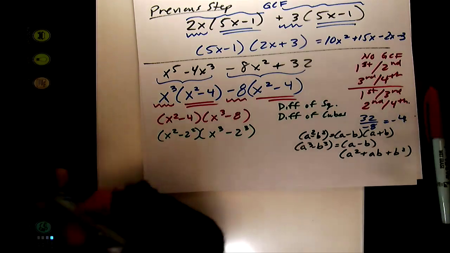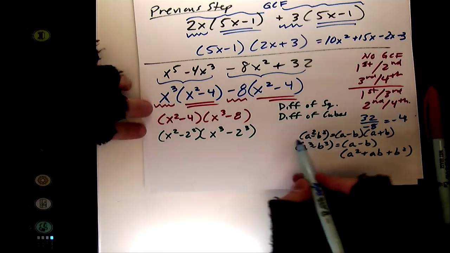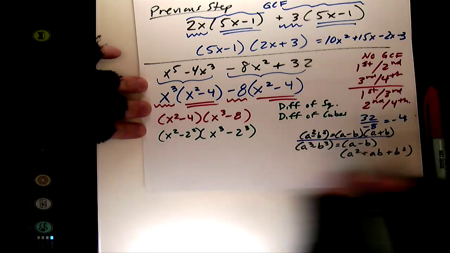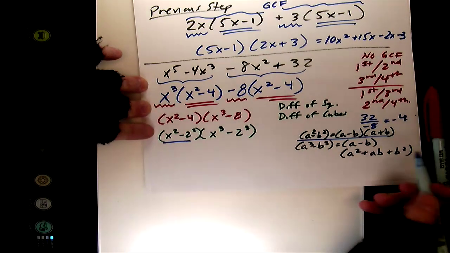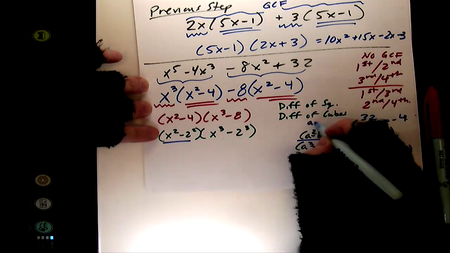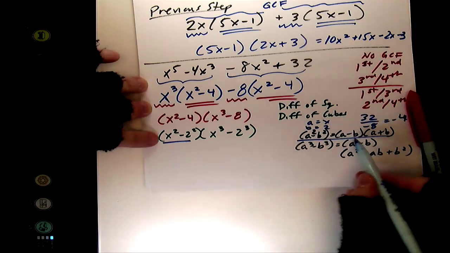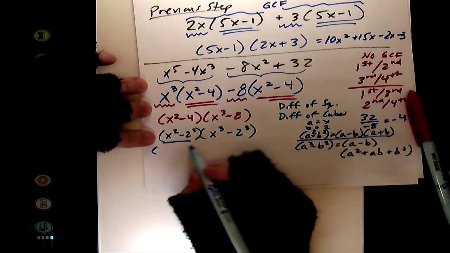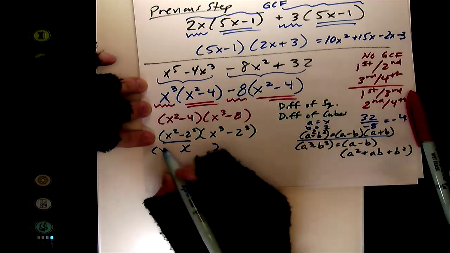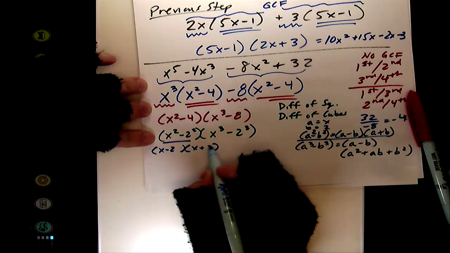Which means if we follow this formula for this one right here, a is x and b is 2. So I'm going to have, following that parentheses pattern, x minus 2 and x plus 2.